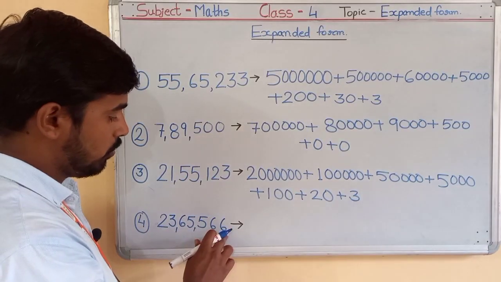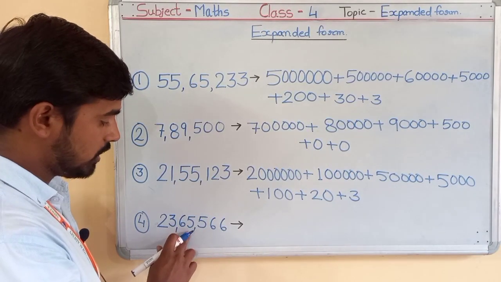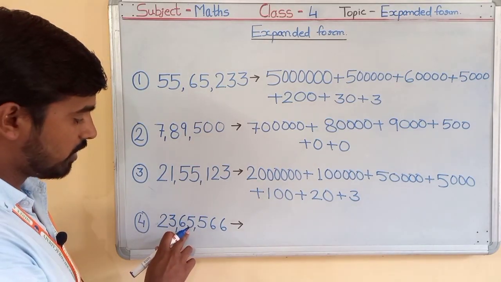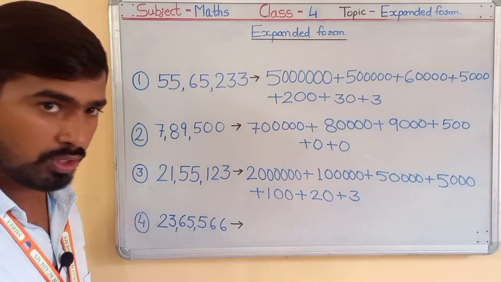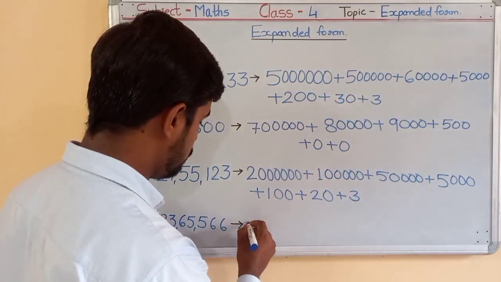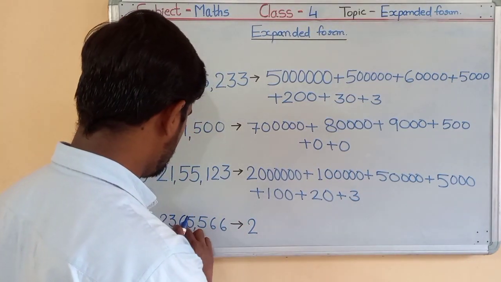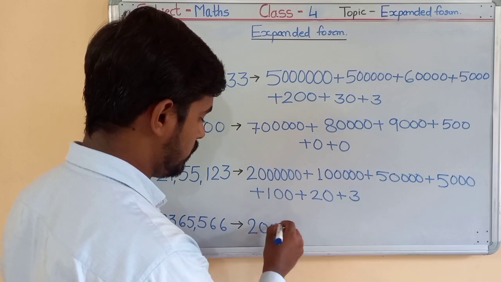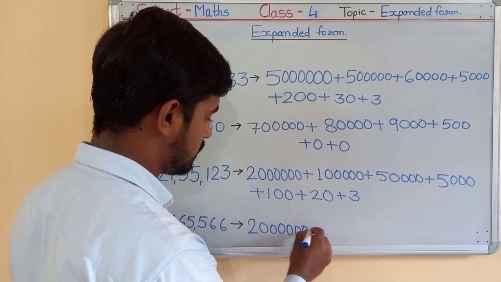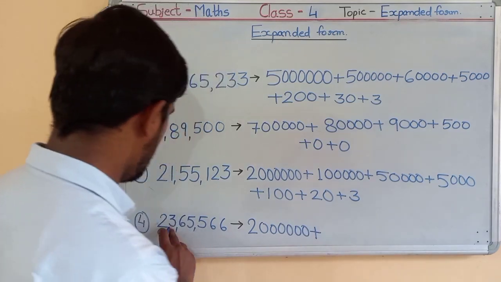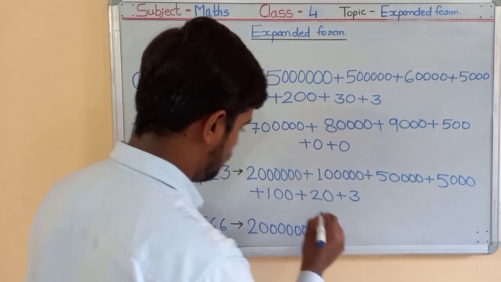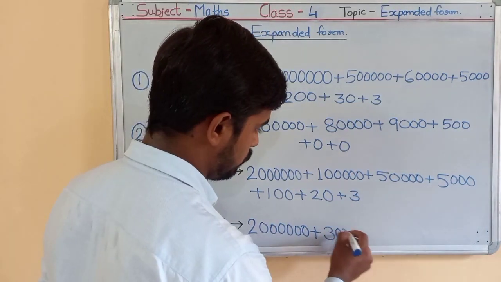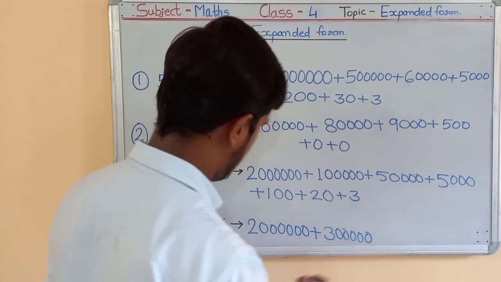Now this one. Ones, tens, 100, 1000, 10,000, lakh, 10 lakh, 23 lakh, 65,566. Okay children, write the place value. 2, then 1 2 3 4 5 6. Now 3: 5 digits, 5 zeros.